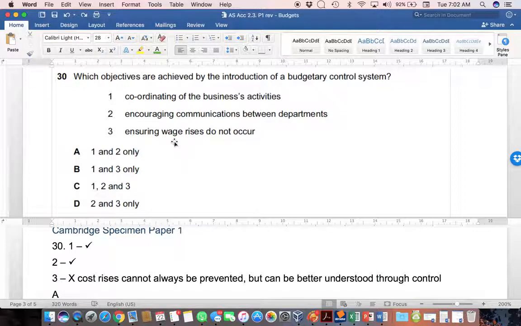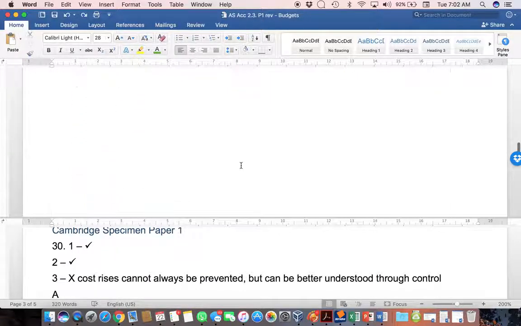So cost rises of any sort cannot always be prevented. Sometimes they are beyond your control and you need to understand that they are just going to occur. However, you can better understand them through control. So the fact that this one is saying ensuring, I don't like it. If it said instead, it can help you try to understand your wage rises better, I would like it. But the way that it is, no. So therefore, we are only going to choose numbers 1 and 2.